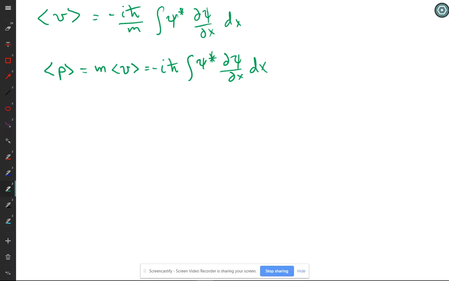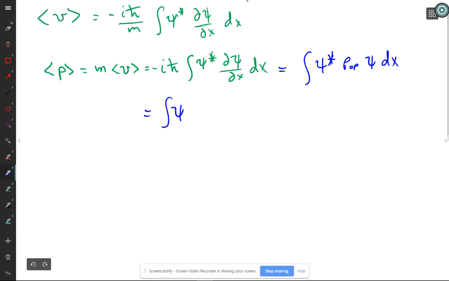And now we can make the last step. This has to equal, by the definition of an operator, the integral of psi star p operator psi dx. So I'm going to rewrite this, bringing everything into its right position.